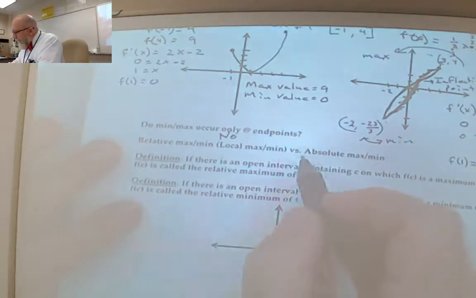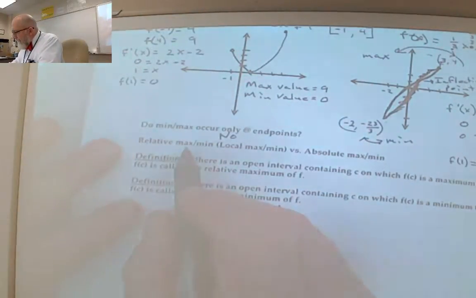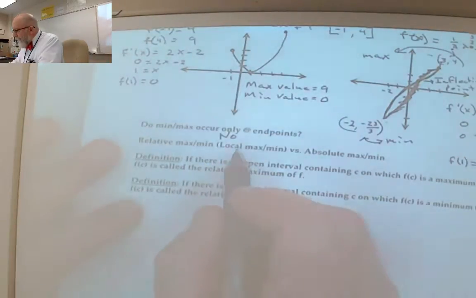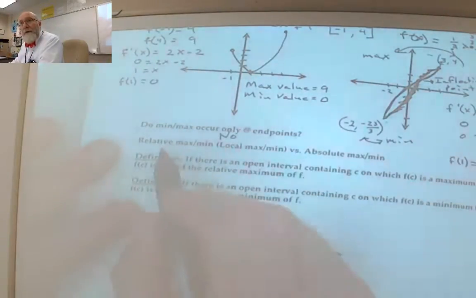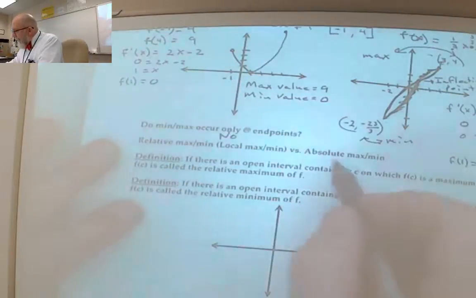Okay, so what's the difference between a relative max and min, or sometimes it's called a local max and min? If they ask you to find the local max and mins, they're talking about the relative max and mins, and something called an absolute max and min.